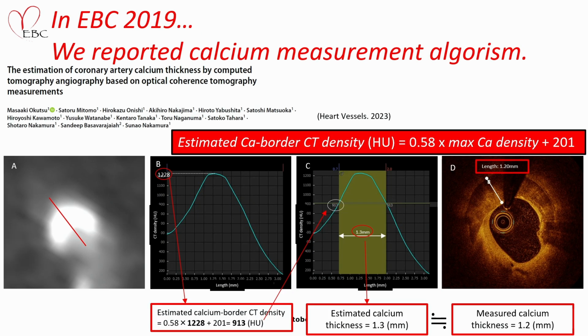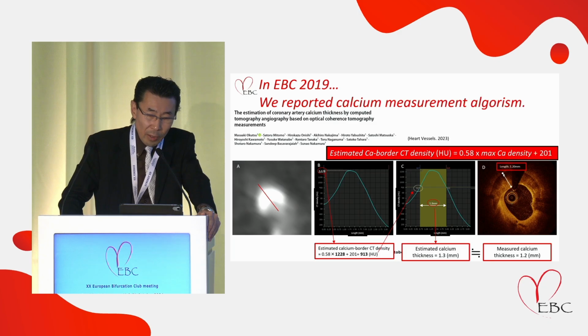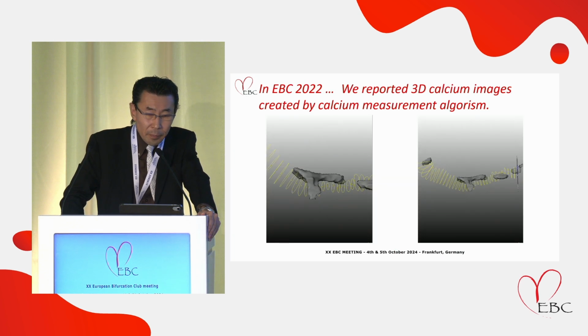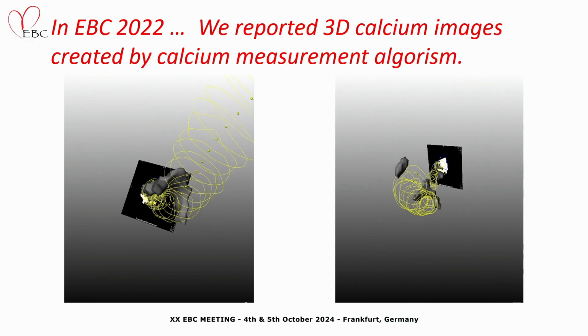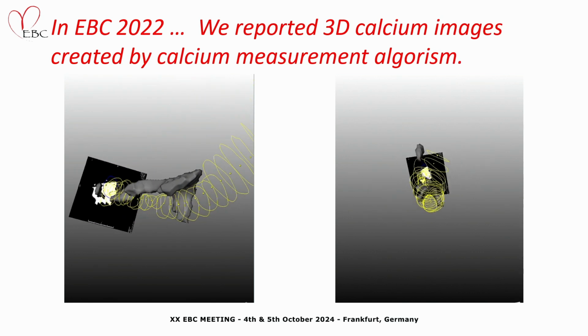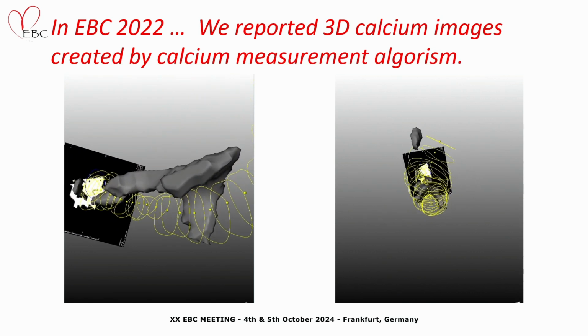At first, we tried to measure the calcification thickness. This is very challenging. At EuroBifurcation Club 2019, we reported a new calcium measurement algorithm using this formula. And in 2022, we reported 3D calcium images created by this new algorithm.